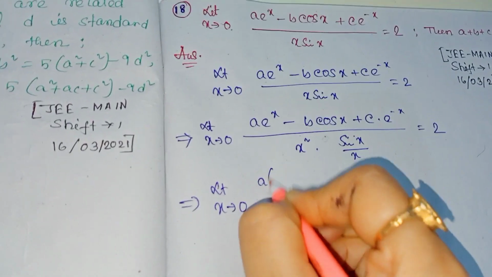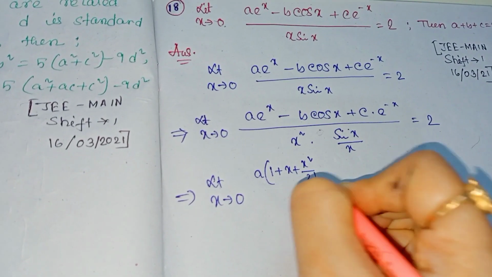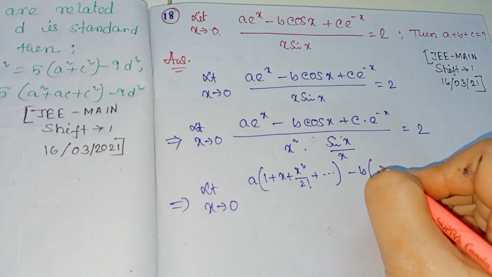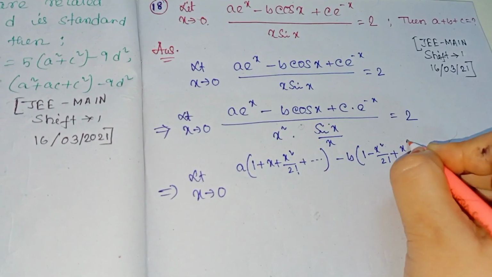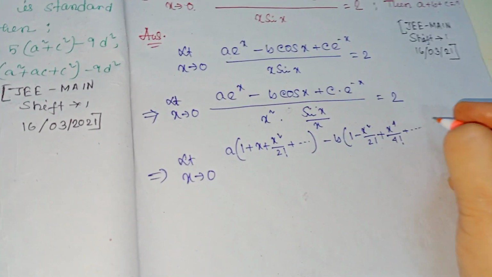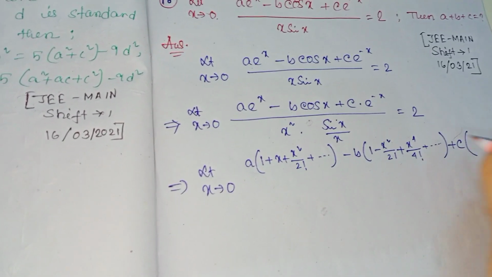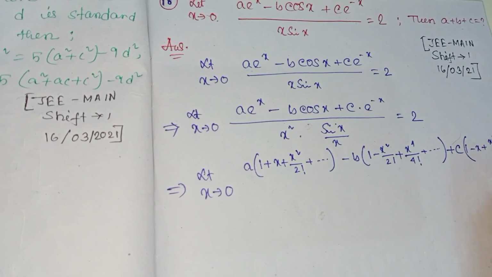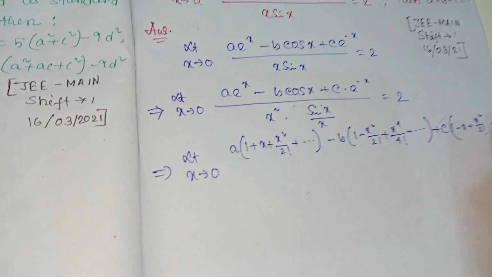So a e to the power x is equal to 1 plus x plus x squared by factorial 2 plus dot dot dot, minus b cos x, where cos x is equal to 1 minus x squared by factorial 2 plus x to the power 4 by factorial 4 plus dot dot dot, and here we get c e to the power minus x is equal to 1 minus x plus x squared by factorial 2, minus and plus repeating here, and the series remains unchanged.